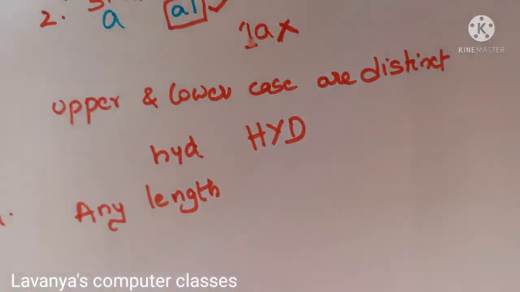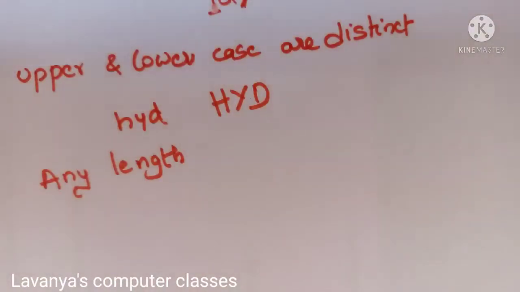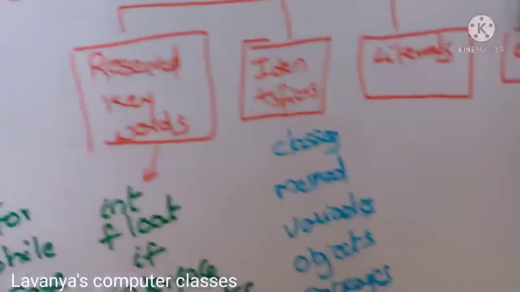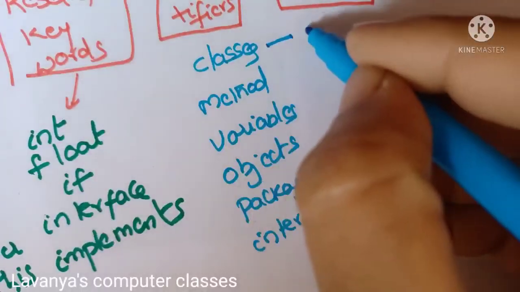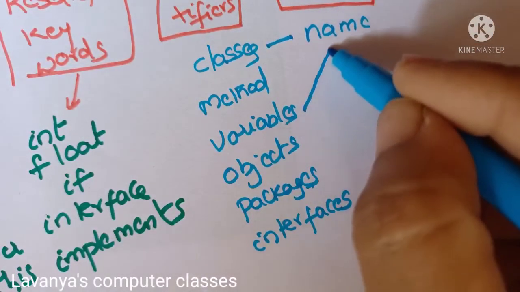But in this, Java developers have some naming conventions. I already said a Java program is a combination of classes, methods, variables, objects. For each class and for each method we have to give some name. For variables also we have some name.